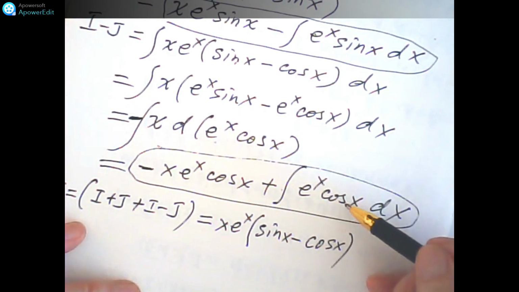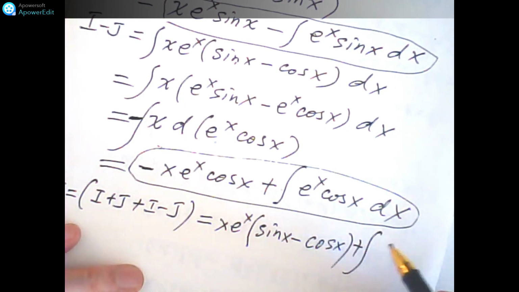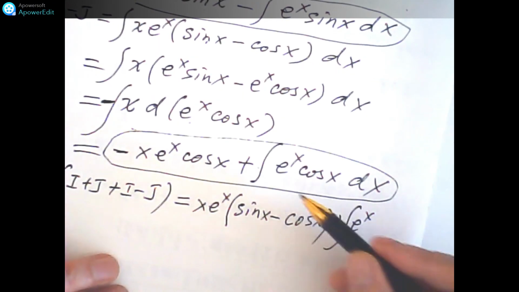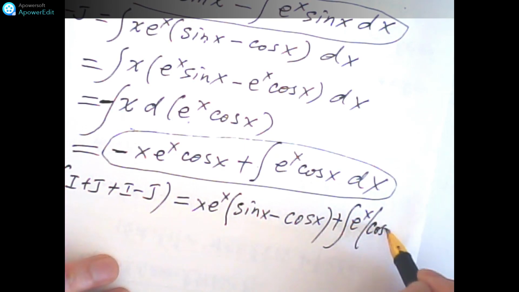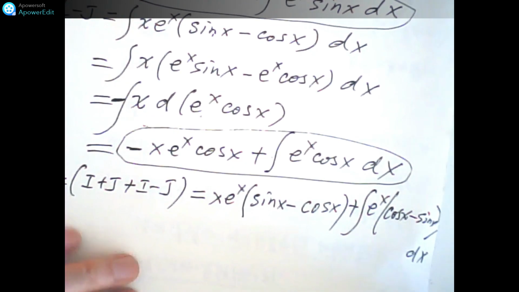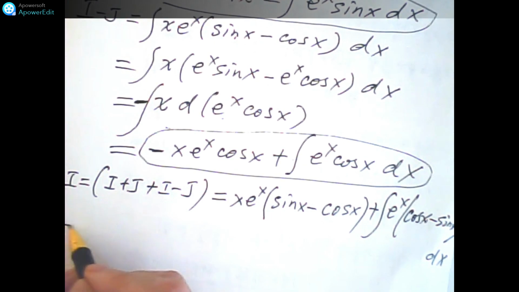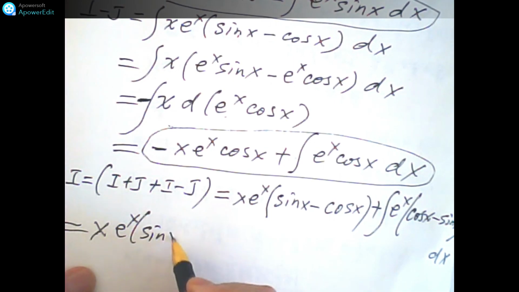This one plus this one, right? This one is equal to the common factor and then cosine minus sine dx. Okay, so this one is equal to x e to the x (sine x minus cosine x).